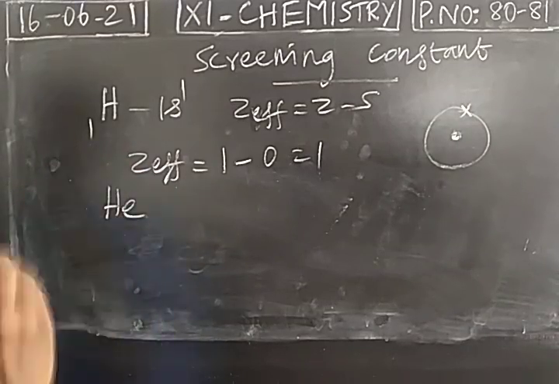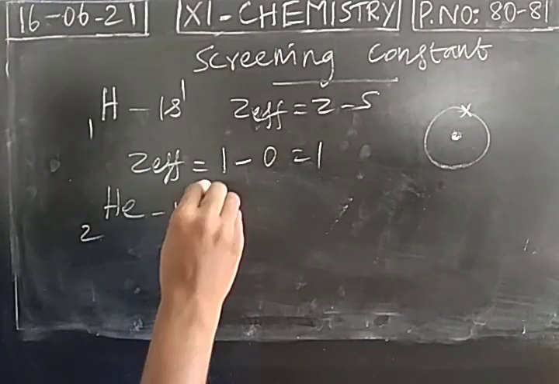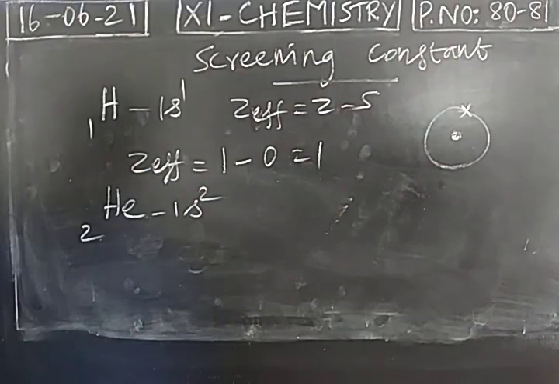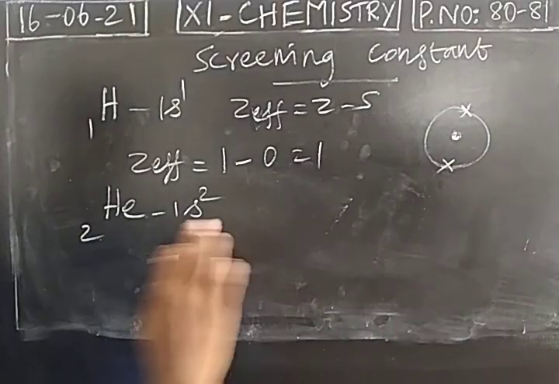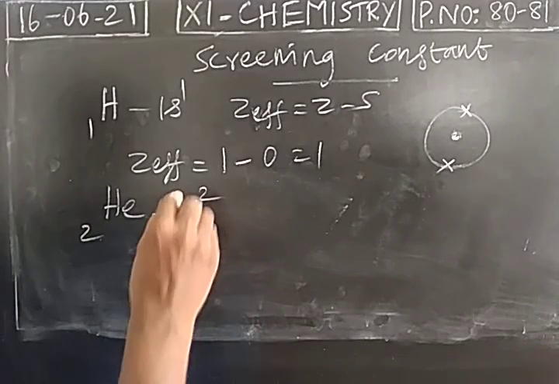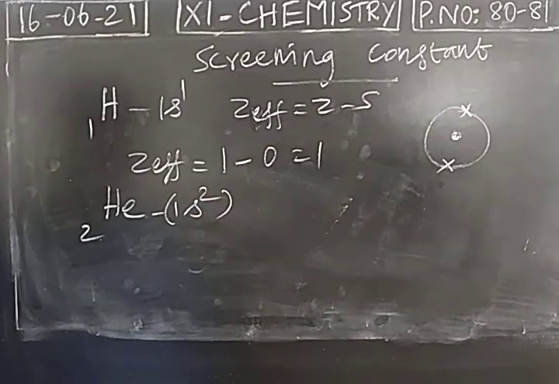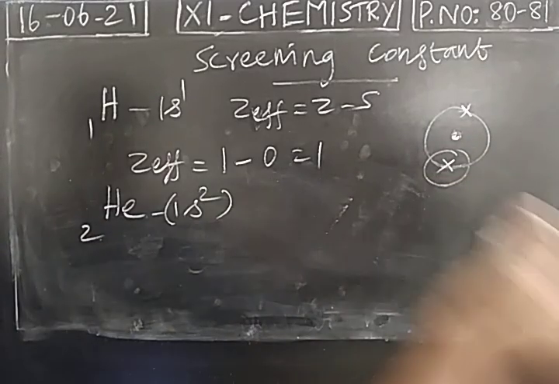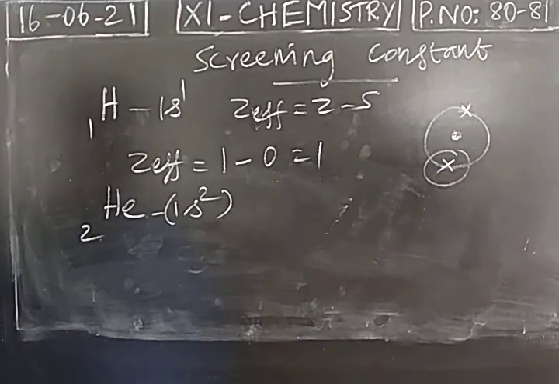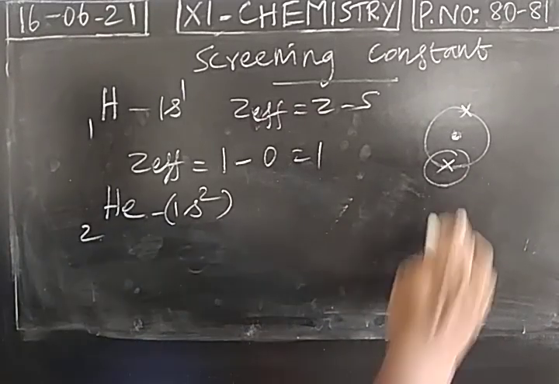Next, helium, 1s2 configuration. So we have written the electronic configuration, we made it as a group, then we select the electron, and beyond this no electron for shielding, and this is called the nth cell.